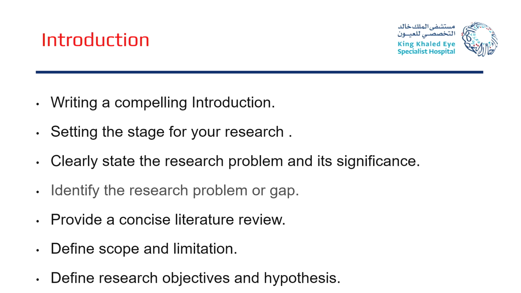Provide a concise literature review, we spoke about that. Define the scope and limitation of the study, okay? So what you are going to cover, and the article will be limited to certain ethnicities and so on. You define the research objectives and hypotheses, but you don't go into details here in the introduction, because there will be a research objectives section.